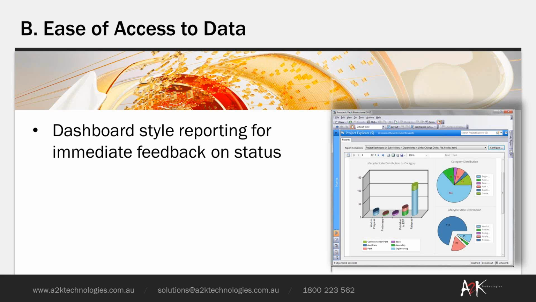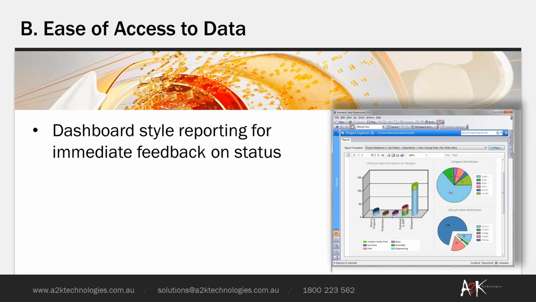Another huge benefit of product data management in Autodesk Vault is the functionality to report on the data. So you've got this dashboard style report where you can generate reports and see very quickly what stage your design is at. So maybe you've got 100 parts in your assembly or in a drawing, references and so on.